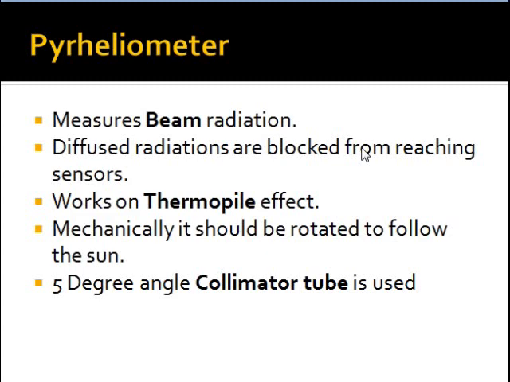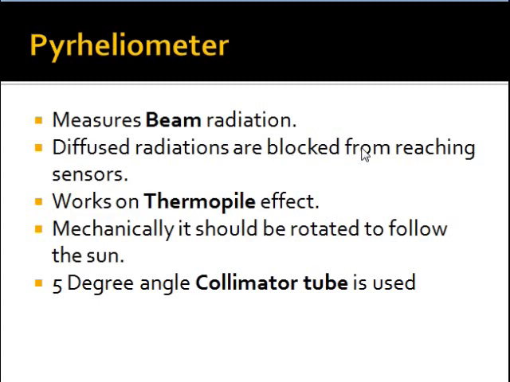That is possible only when there is a mechanical mechanism which rotates this pyrheliometer along with the sun. At every angle of rotation of the sun, the pyrheliometer should be rotated such that the tube is aligned in the same direction as the solar beam. That's how we can measure only beam radiation.